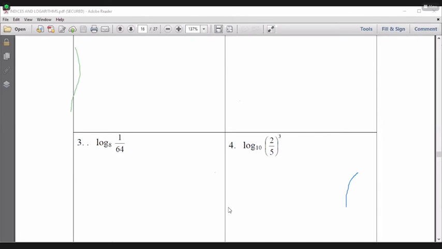So 64 is the same as 8 power 2. Yes, 64 is the same as 8 squared. So it will be log to base 8 of 1 over 8 power 2. Then 1 over 8 squared can be written as what, in negative index?